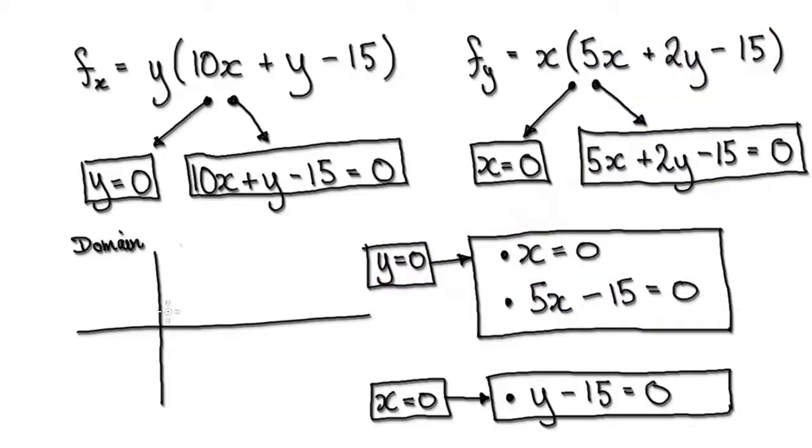So at the origin, both of these would be 0, so that's a critical point. And this one here says that when y equals 0, x would be 3. So 3 will be somewhere around here. We've got a critical point here and another one here.